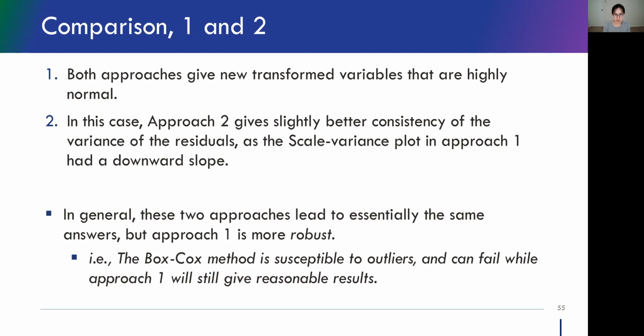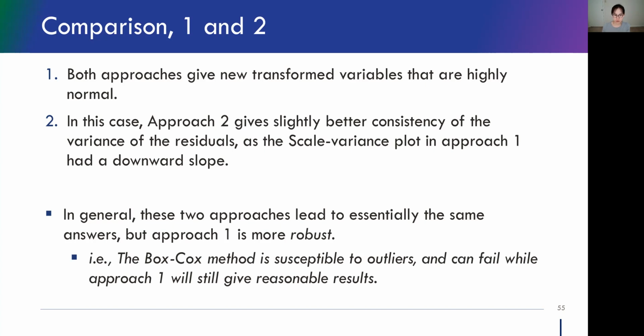So in this particular case, approach 2 might be a better choice. But in general, these two approaches lead to essentially the same answer, but approach 1 tends to be more robust.